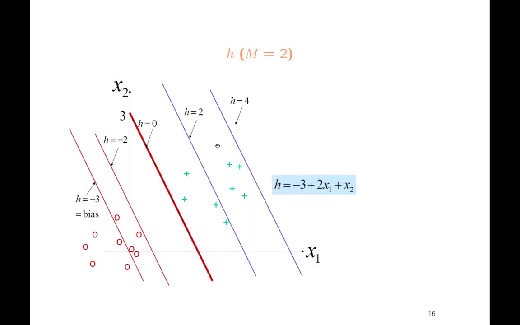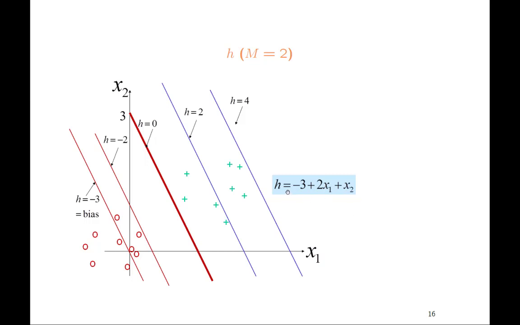This is how it looks in 2 dimensions, and now you have to pay attention. We are drawing the 2 inputs, x1 and x2, and the y, the output, would be perpendicular, going out of the plane here. Here's the h function, so it's -3 plus 2x1 plus x2.